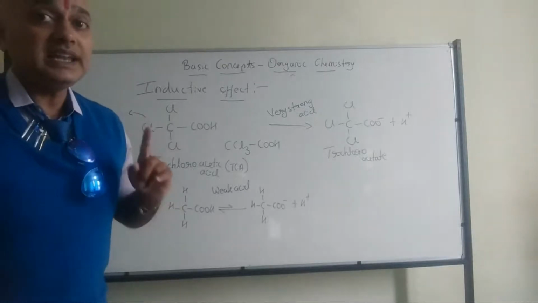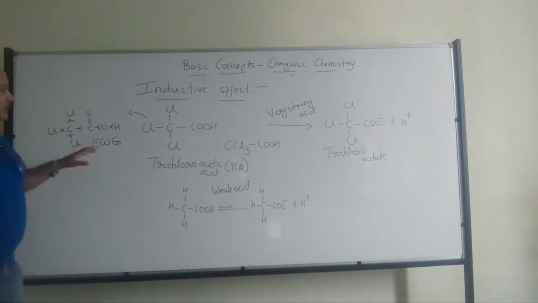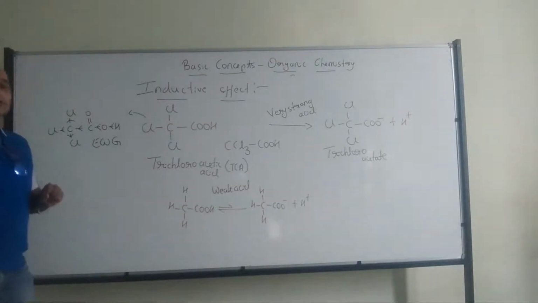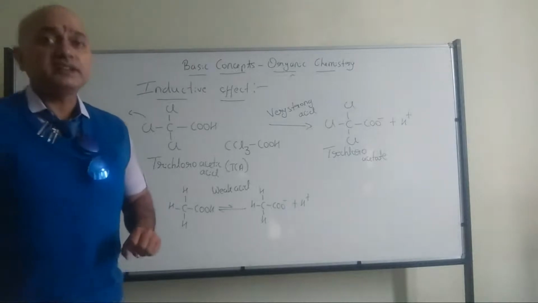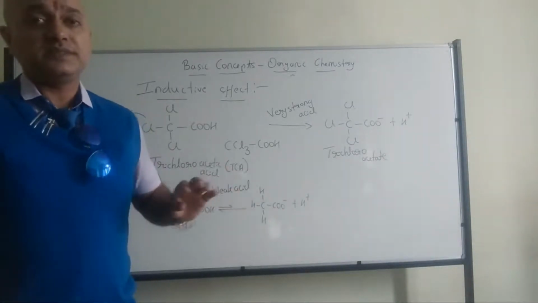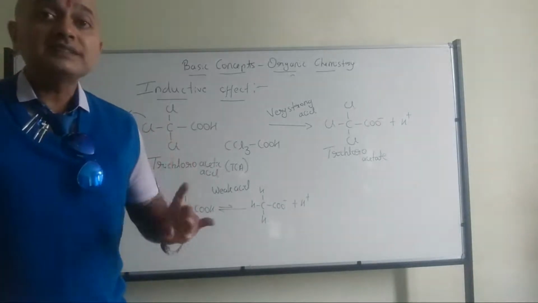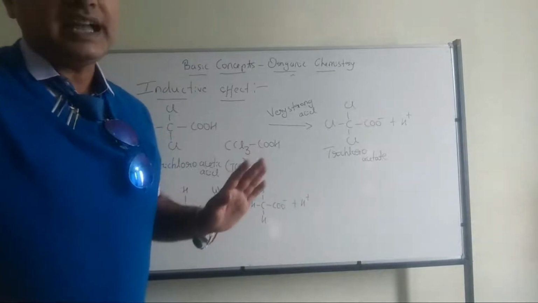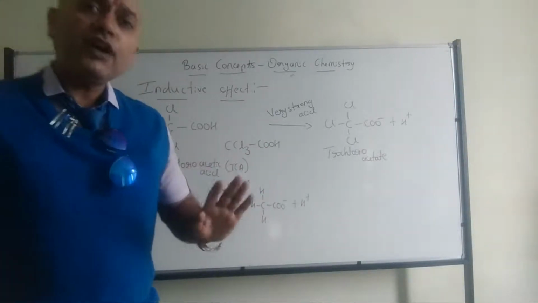But here in the inductive effect, they will behave as electron withdrawing groups. So due to the inductive effect, trichloroacetic acid is a strong acid compared to acetic acid. All of you got my point?